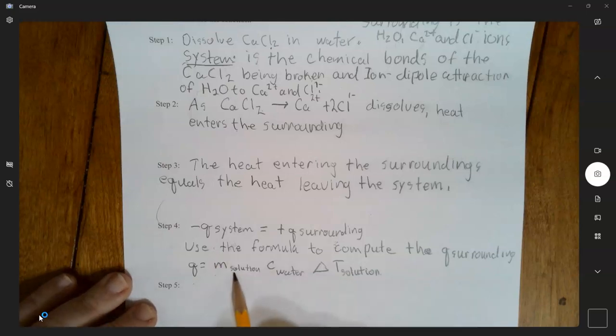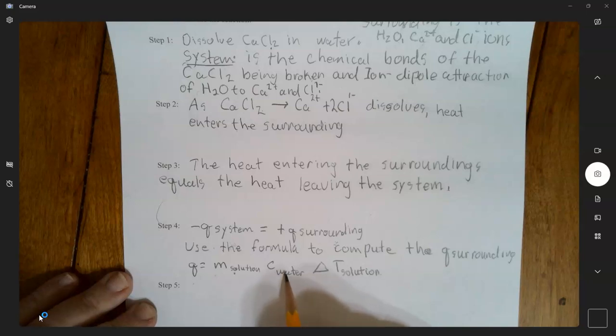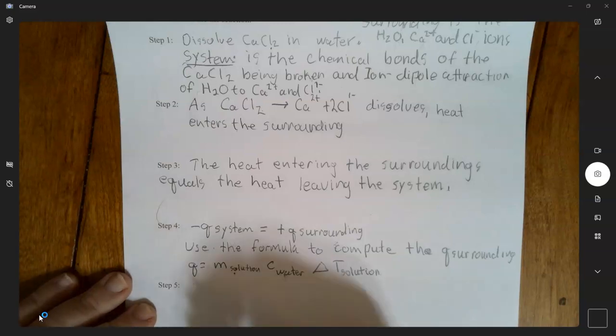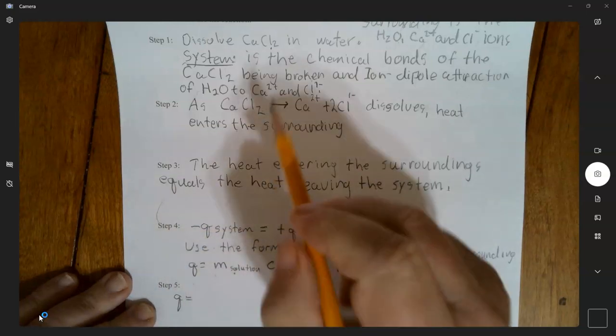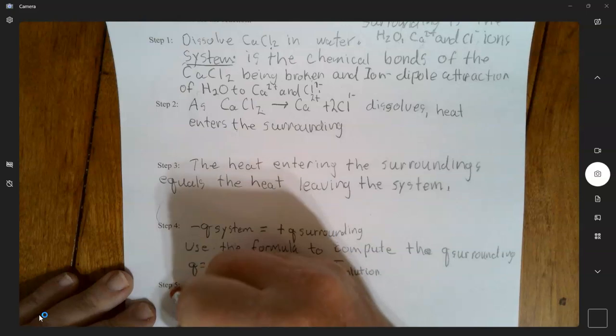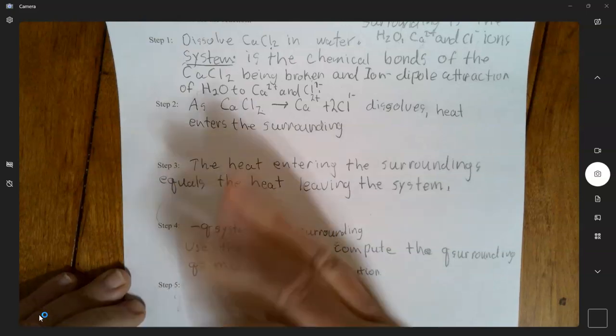We need to use the mass of the solution, the specific heat of water, because we can't know the specific heat of the solution, and since most of the solution is water, we can use that. And then the change in temperature of the solution. So we're going to come on down here and do that. Let's write down the variables that we are given.